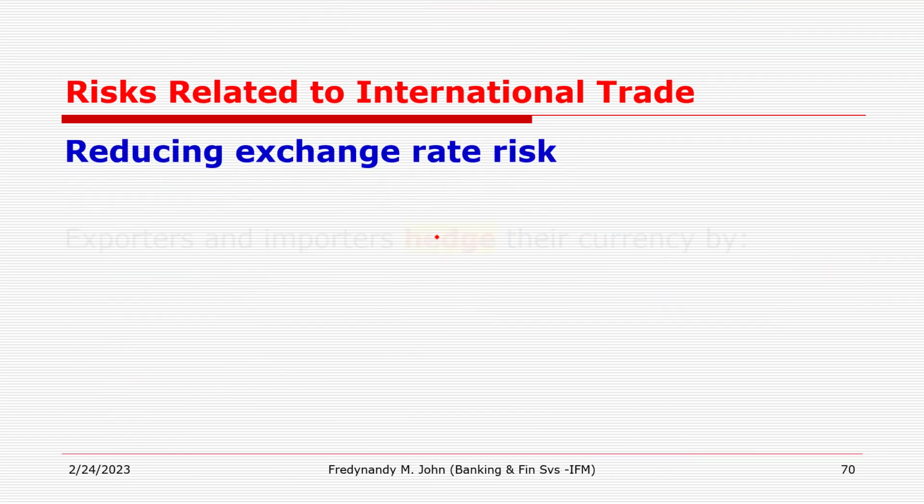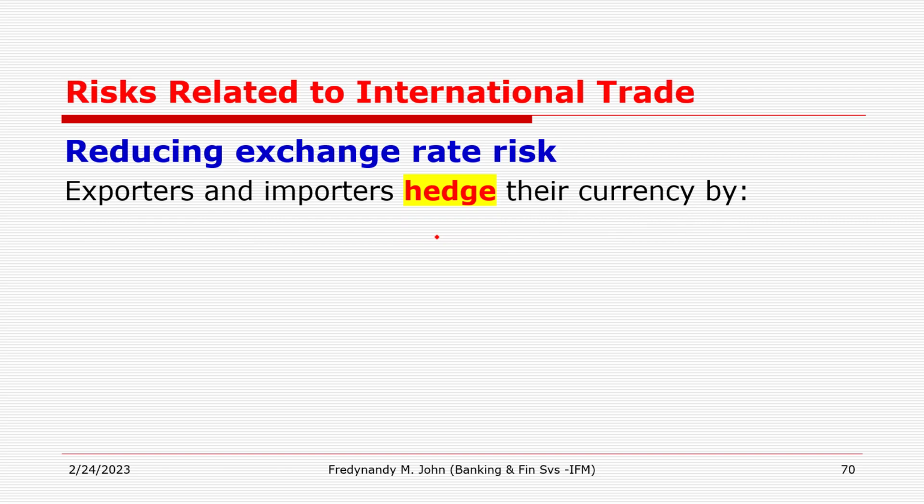As an exporter, how do you deal with this risk? Please go for hedge. If you use the hedging technique, you can easily protect either your proceeds or the payment.